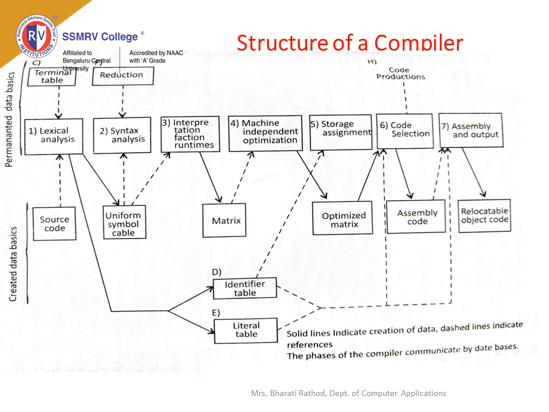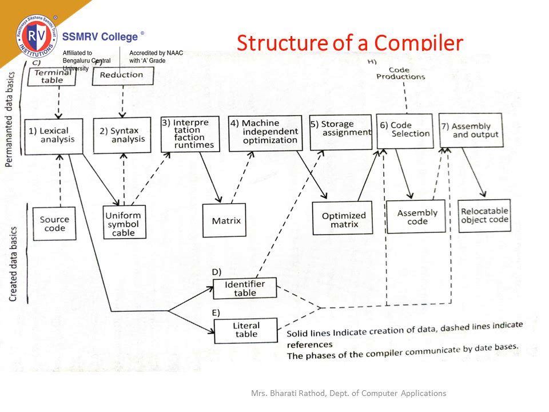Matrix: it is the intermediate form of a program, created by the action routines. It is optimized and then used for code generation. Code productions: a permanent table of definitions.